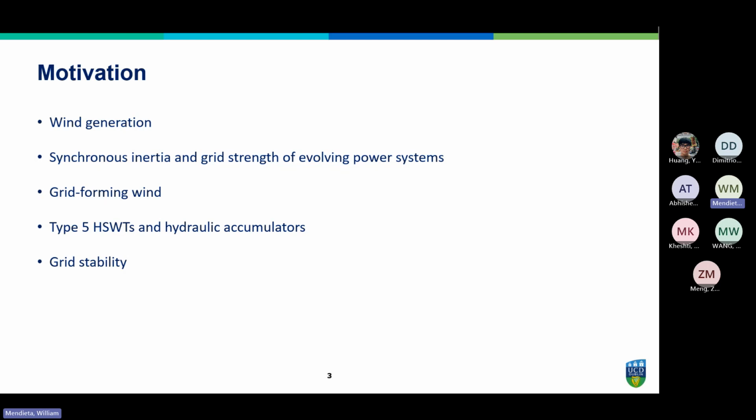In addition, we can include a hydraulic accumulator in the hydrostatic transmission in order to compensate for wind speed variations and also for grid disturbances. And finally, since the Type 5 hydrostatic wind turbine interfaces with the grid through a synchronous generator, its dynamic behavior is similar to that of a conventional generator.